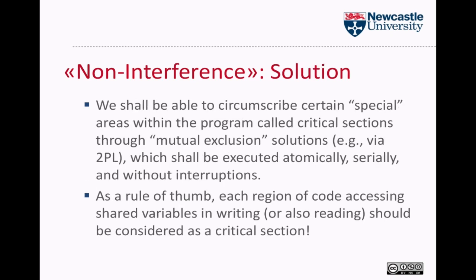And similar to the other one, we're still talking about how we might solve the problem. Once we know that there is a region of the code that has problems, we circumscribe the area of the code that has the problem, and then we apply a security protocol. We'll never tire of saying that most of you, even in the coursework, are just protecting the variable, not an entire region.